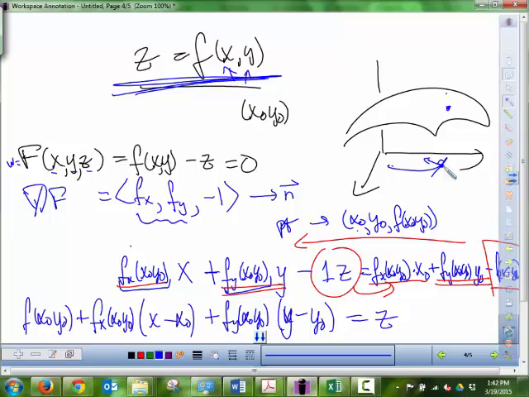But if I'm interested in finding the tangent plane, I would need a 3-dimensional vector, right? The first 2 components will be the gradient, and then the third component is -1.